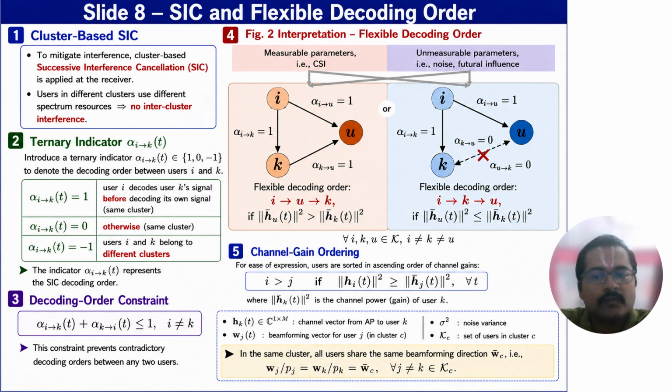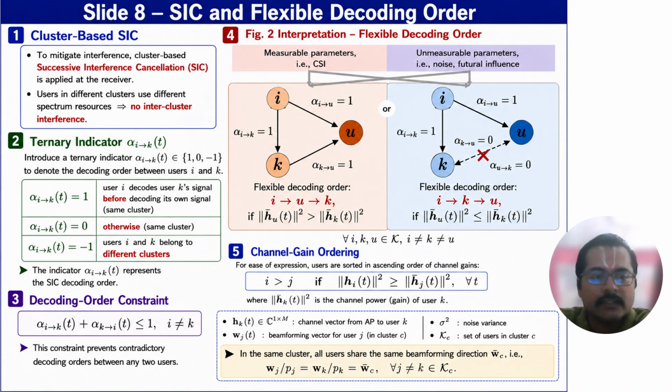Each access point transmits a particular beam for a particular user, but while receiving, i receives signals of all beams of all users in the cluster. It should decode and cancel them before it decodes its own signal.